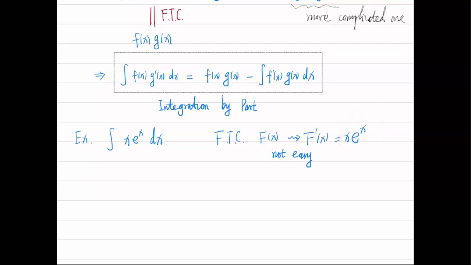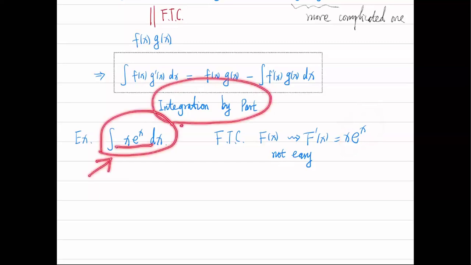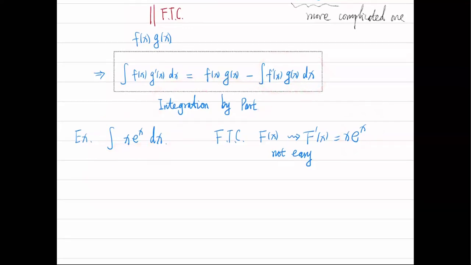So now we see this one is complicated to integrate. We will apply this integration by part to convert it to something simpler. We will see what the simpler thing is. Okay, so this doesn't work. Not easy. So let's go to the IBP. IBP. Good.